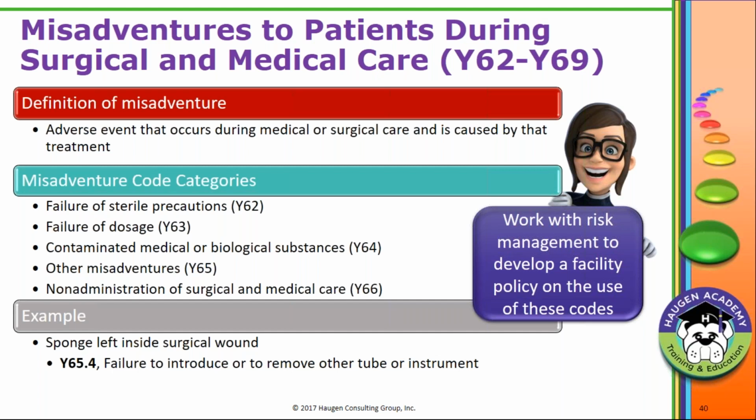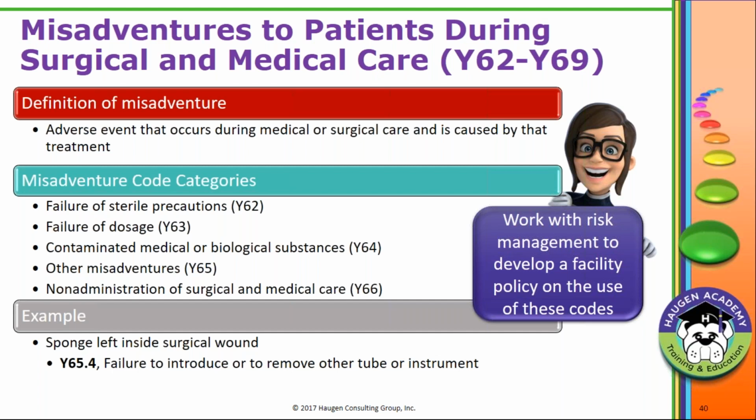And my recommendation, make sure that your hospital administration and risk management is on board with the use of these codes. Remember that Chapter 20 codes are optional, and most facilities that I have worked with have a policy not to use these misadventure codes. They feel like it's just a red flag that's going on the claim pointing to an issue.